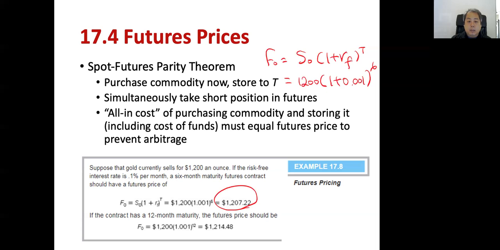If it is a 12-month maturity, then you convert T to 12, so it increases to $1,214.48. So that's how to calculate the futures price.